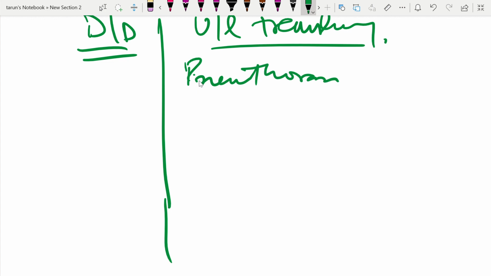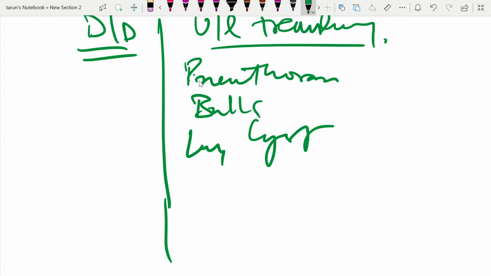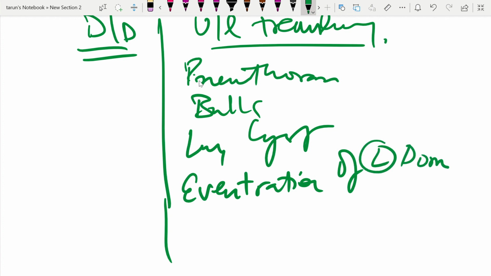Then it could be bulla, lung cyst, or eventration of the left dome of the diaphragm.